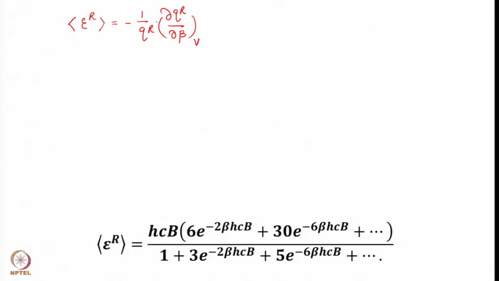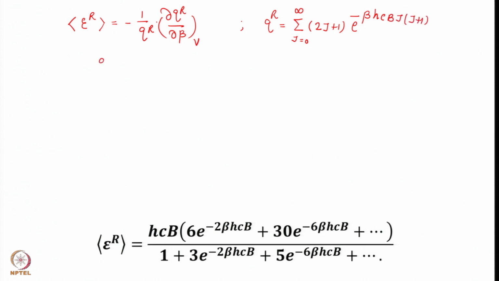How do we get QR? As we discussed in the previous slide, QR is equal to the summation from j equal to 0 to infinity of 2j plus 1 times exponential minus beta hcB j into j plus 1.